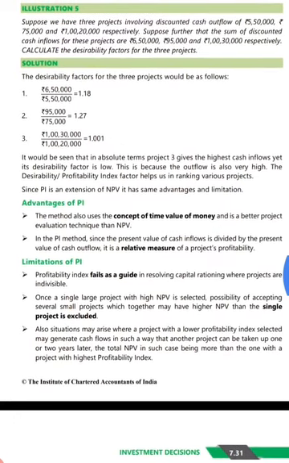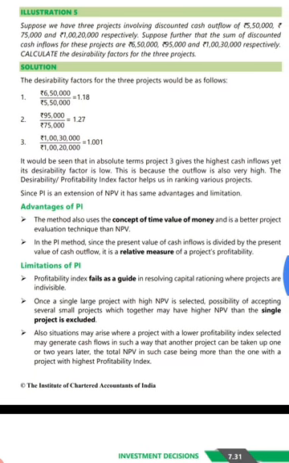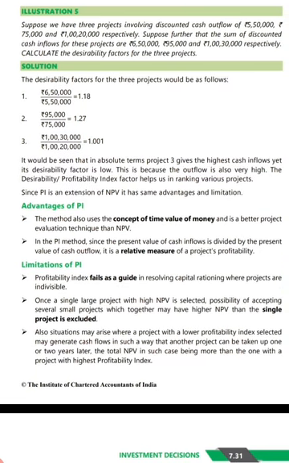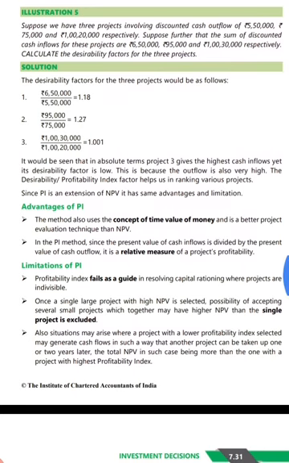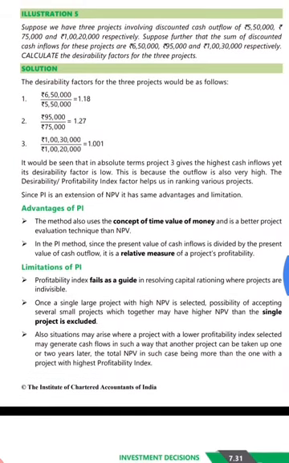Here in this problem, they have given discounted cash inflows, which means they have already converted them to present value, so we can directly take the cash inflows. If they just give cash inflows, they must give the cost of capital, and then we discount all that and convert it into present value, and call that the discounted cash inflow.